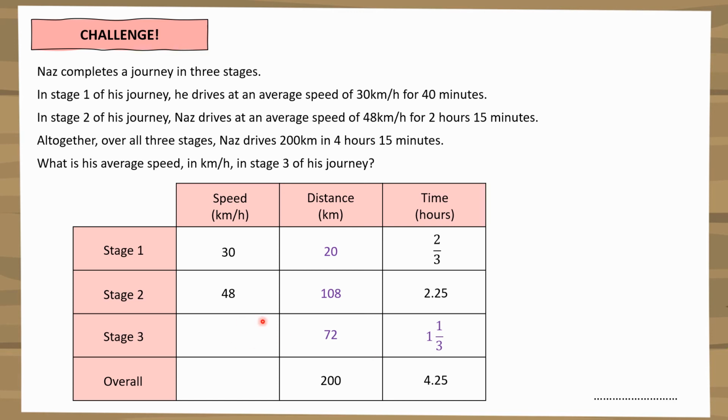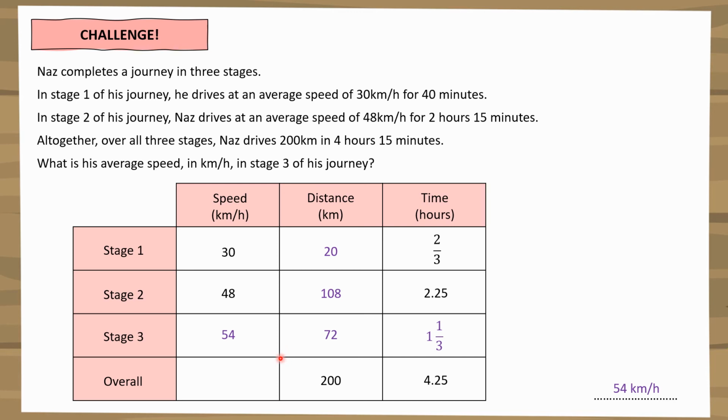And now I can work out the average speed for stage 3 of the journey. Speed is distance divided by time. So if I do 72 divided by 1 1/3 or 4/3 or 1.3 recurring, if I do 72 divided by 1 1/3, I get 54. So the average speed for stage 3 was 54 kilometers per hour.